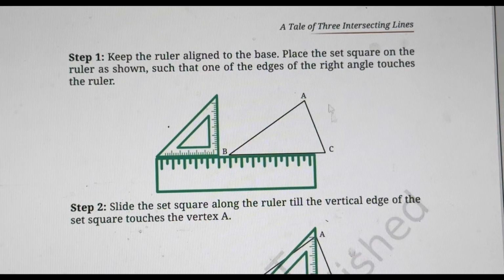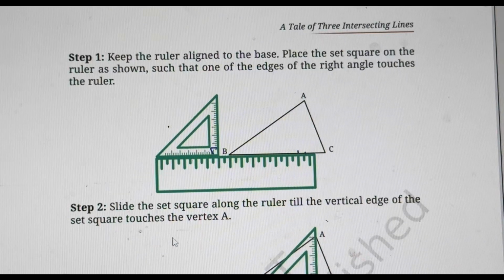This is the triangle ABC. This is the baseline BC. We want to draw an altitude from A to BC. We first keep the ruler and align it with the base. Then place the set square on this, and place the 90-degree part of the set square, not the other angles, so that the right angle part touches the ruler.